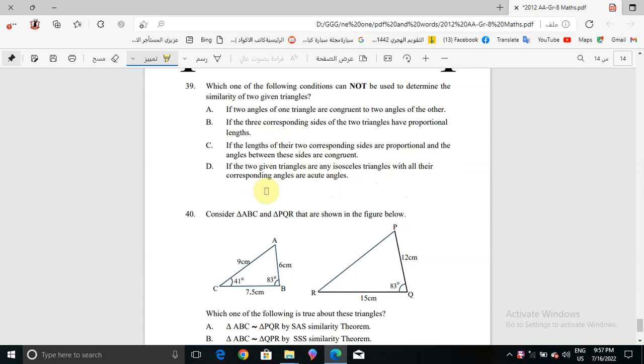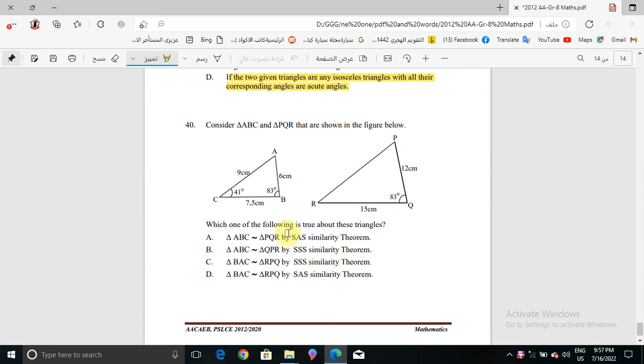So the one which cannot be used to determine the similarity of two given triangles is: if two given triangles are any isosceles triangles with all their corresponding angles acute. This one is not used to determine the similarity of two given triangles.